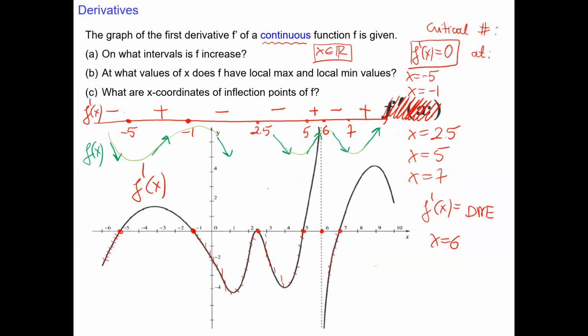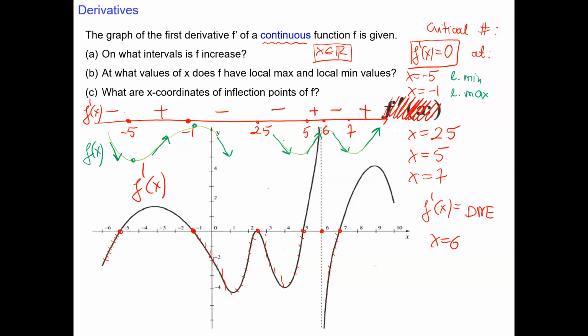Let's indicate local minimum. That means at x = -5 will be a local minimum. Then at -1 will be a local maximum. At 2.5 is nothing.